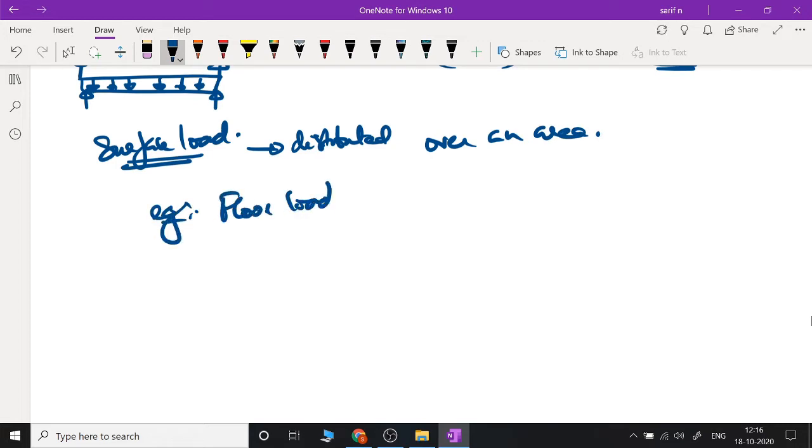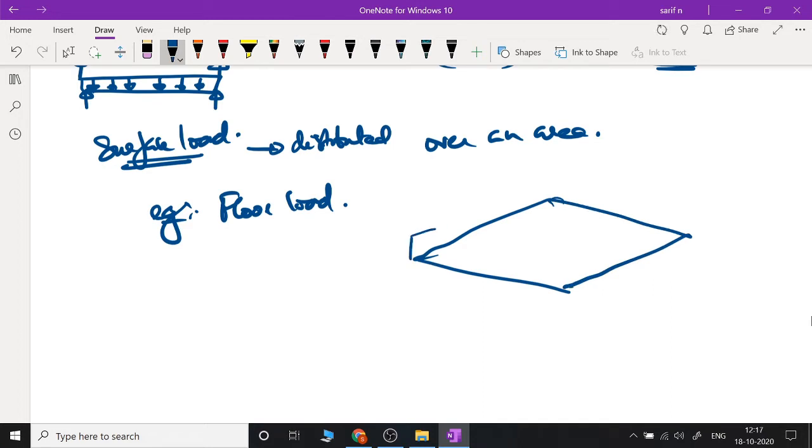An example of surface load is floor load. Imagine that we have a floor slab, and let us say the thickness of the floor slab is uniform. The floor slab has a uniform thickness. That means at every point of the floor slab, the weight that is going to act on the floor slab will be the weight due to the thickness of the floor slab, that means the self weight of the floor slab.